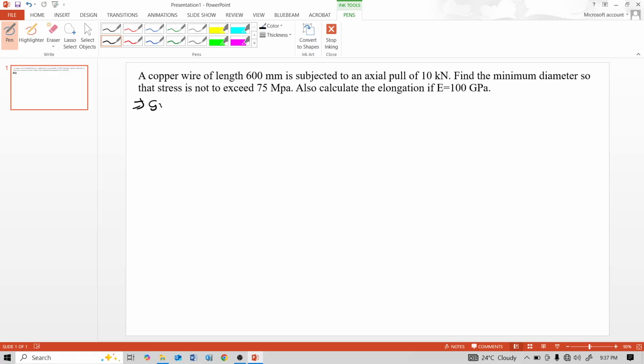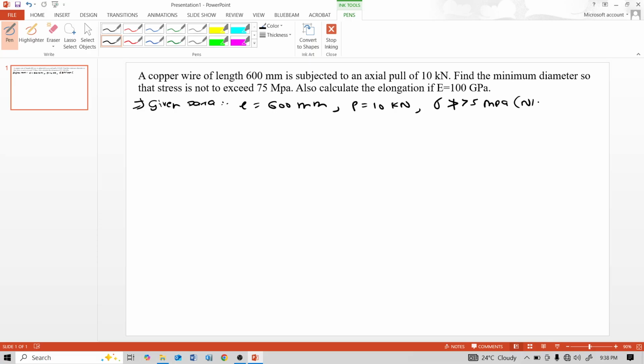Given data: a copper wire of length 600 mm is subjected to an axial pull of 10 kN. Axial load is 10 kN. Find the minimum diameter so that the stress does not exceed 75 MPa.